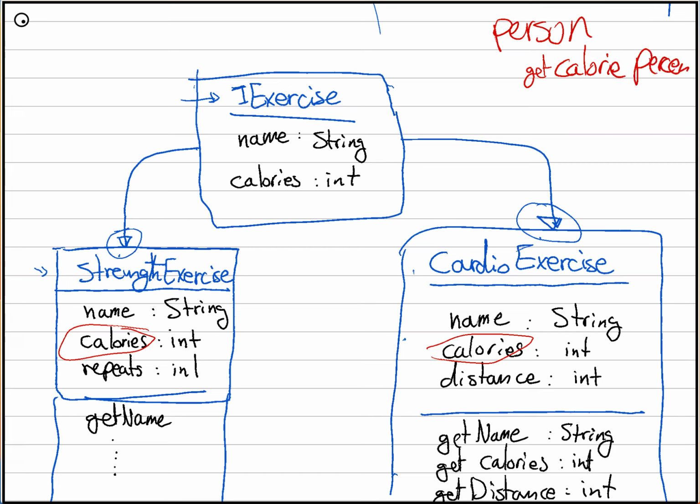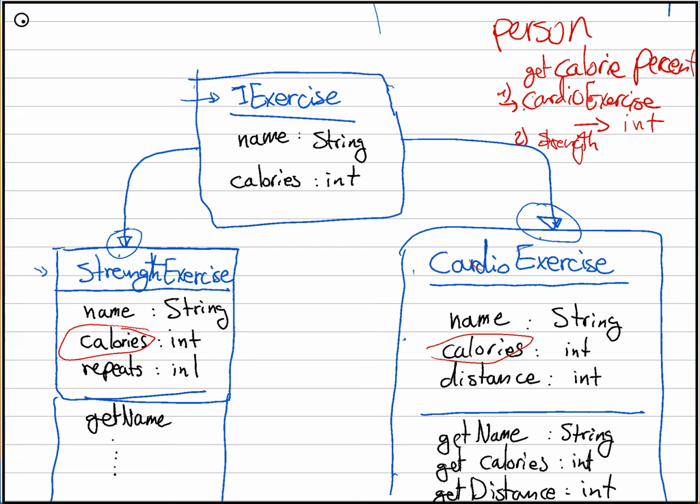So if we didn't have the IExercise, we had to have two methods. We had to have one method that takes in a cardio exercise and returns a number for calorie percent. And then we had to have another method that takes in a strength exercise.